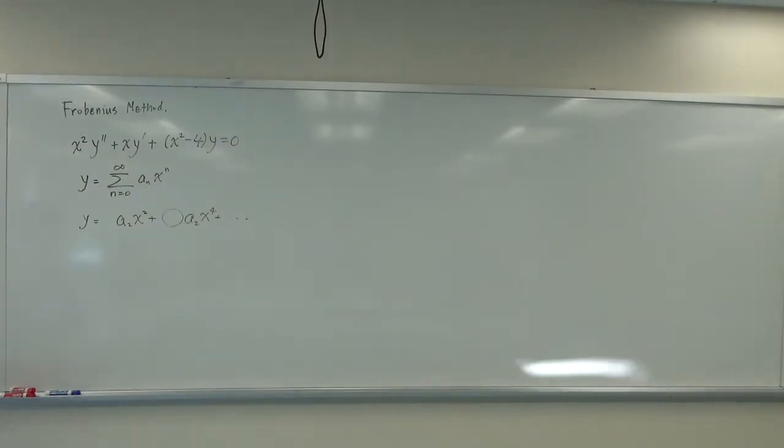Now, Frobenius method tries to hunt for more solutions of the same equation, because right now this is somewhat incomplete. This is second order. How many linearly independent solutions should you be getting? Second order, you should be getting two linearly independent solutions.